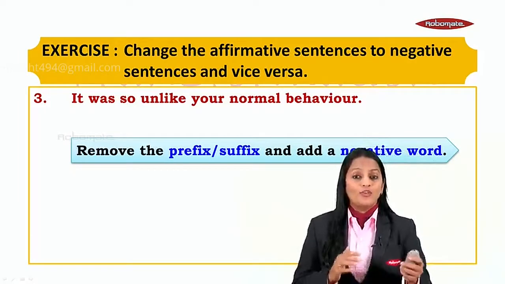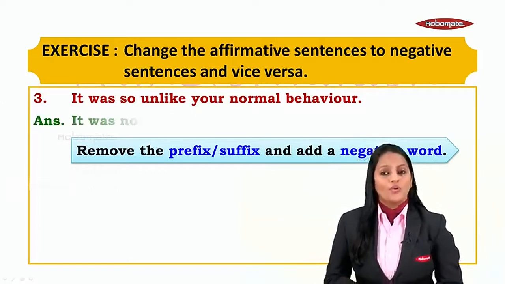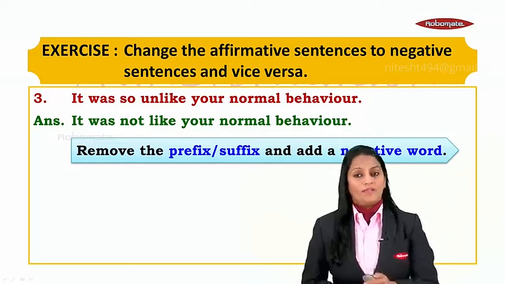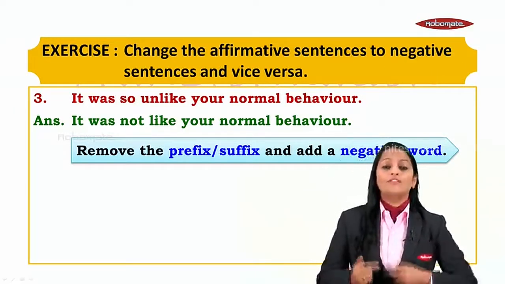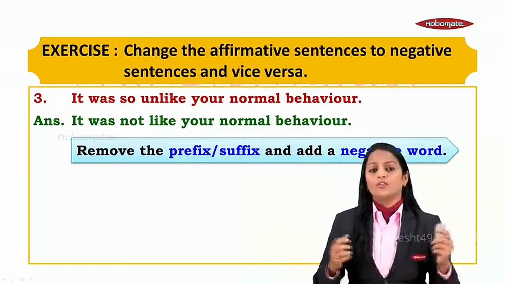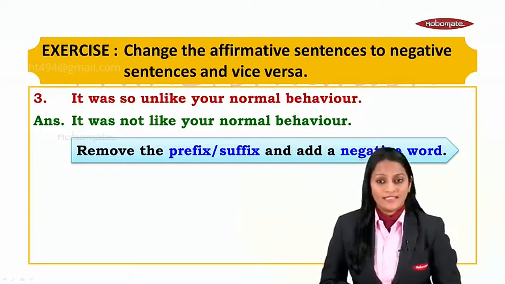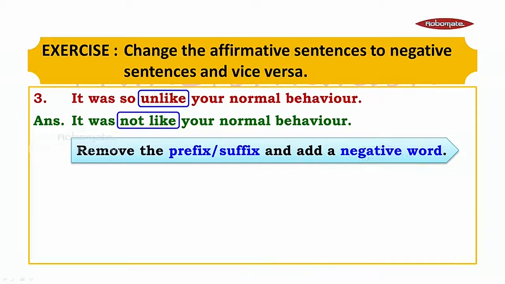So from unlike you will remove un and you will use a negative word not. So I will say, it was not like your normal behavior. So simple students. Once you practice this, once you go on reading it again and again and learning it again and again, you will automatically get the right method whenever you face a sentence. Now here unlike has been replaced by not like.